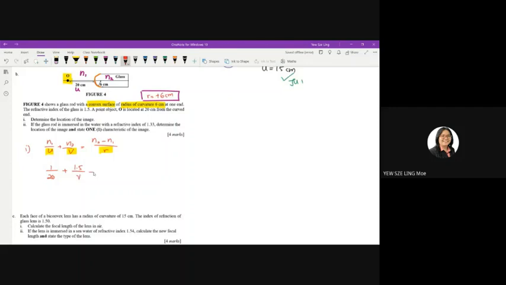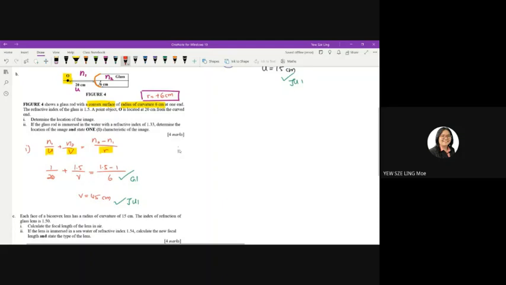So 1 over 5V equals 1.5 minus 1 over 6. Rearrange the equation, you will then get V equals 45 cm. So in this question, if you got the substitution correct, G1, substitution correct means it comes with all correct sign convention. Final answer with correct unit, JU1.